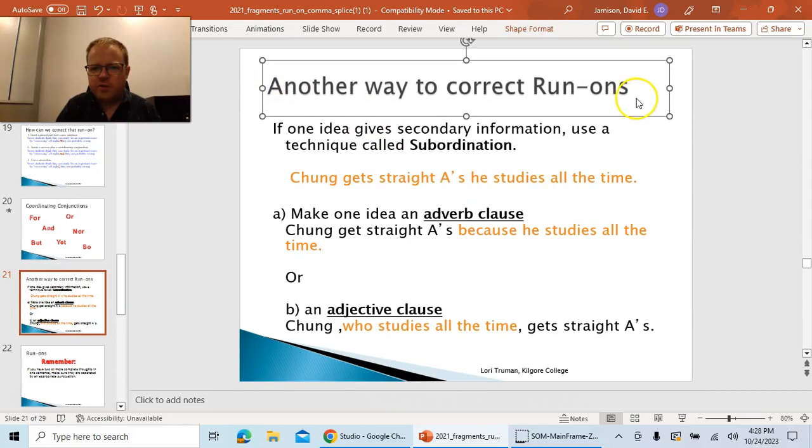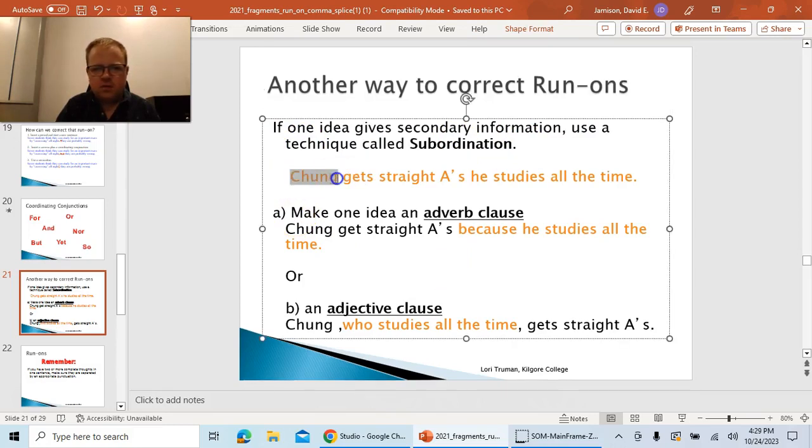Another way to correct run-ons, if one idea gives secondary information, is to use a technique called subordination. Chung gets straight A's. He's studying all the time.